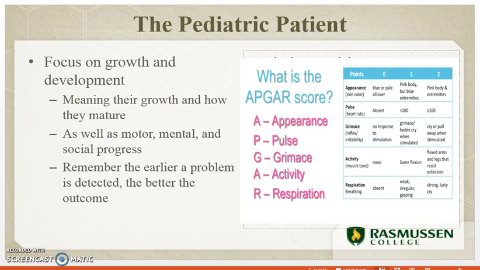But it's important to know that children mature at different rates and at different stages. They should all pass through stages consistently as they age and in different age ranges that are specific for stage development. If there's a problem, the earlier that we detect it, the better the outcome actually is for the child.